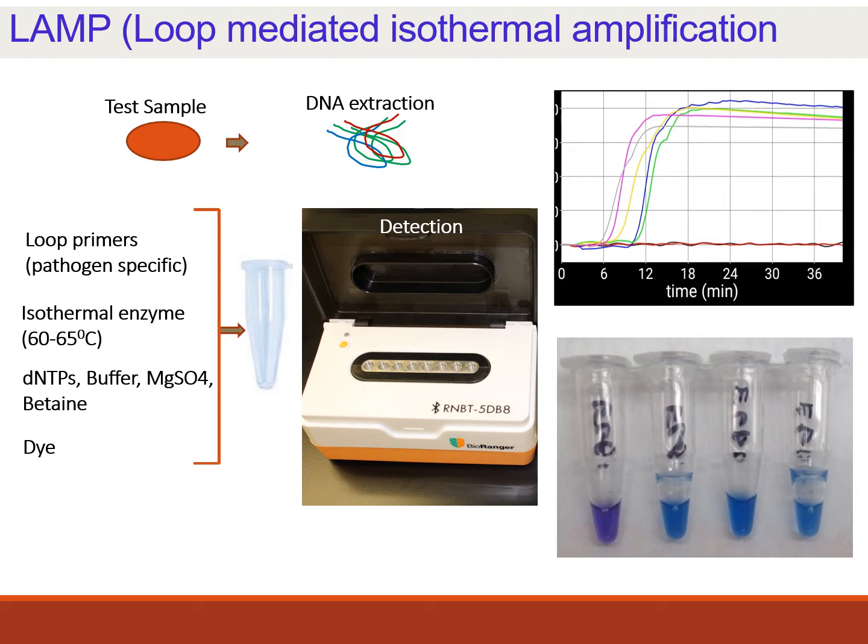So the amplification of the DNA happens in a small tube which has all the reagents needed for the amplification, and we put that in this device, and this device provides the temperature for amplification, and then amplified DNA can be detected in real time through fluorescence detection in this tablet.